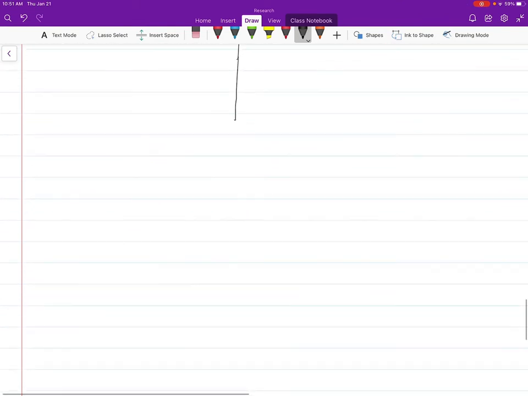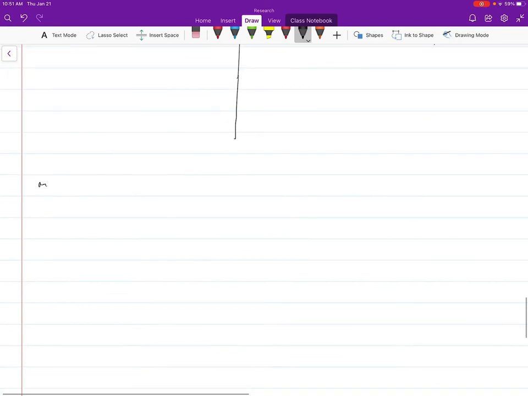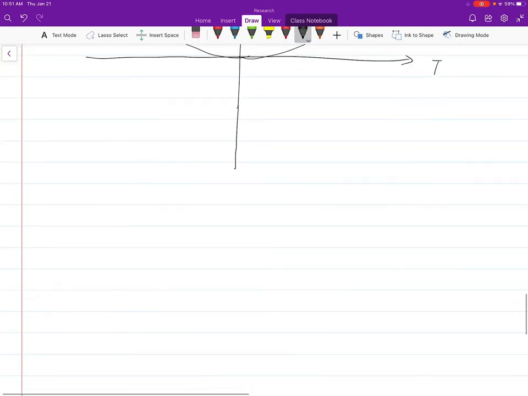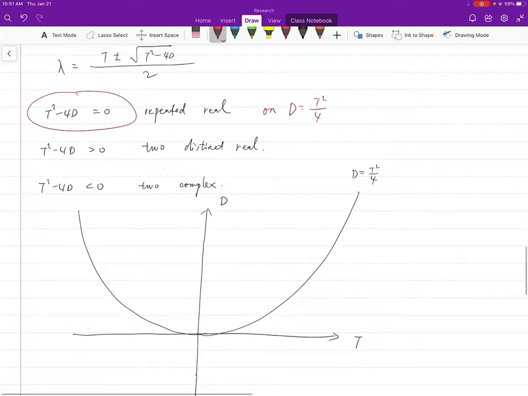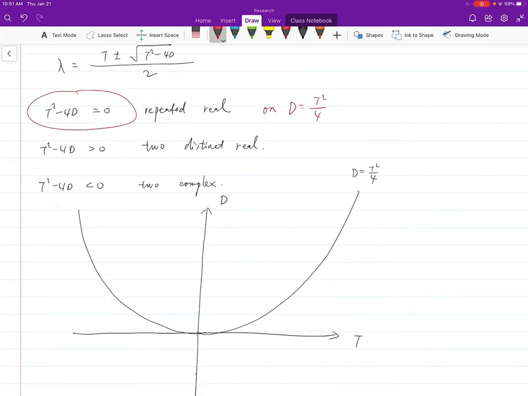And right on this parabola, you are going to have a repeated real value. Similarly, you can actually try to do it by yourself. If t squared minus 4d is bigger than 0, that means d is less than t squared over 4, which means it's below the parabola. You will have two distinct real.